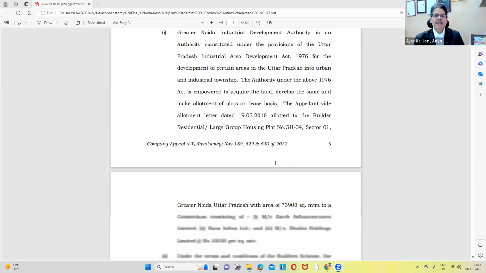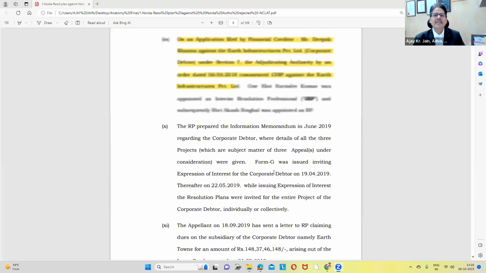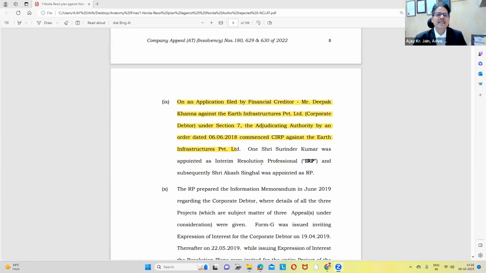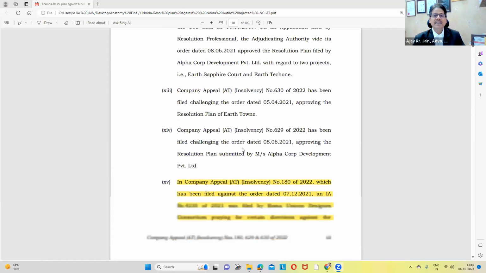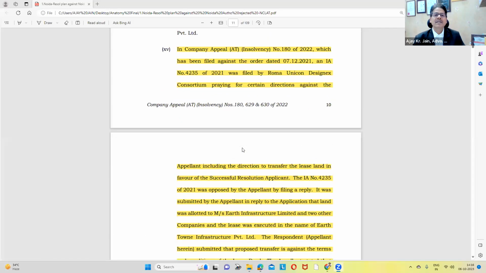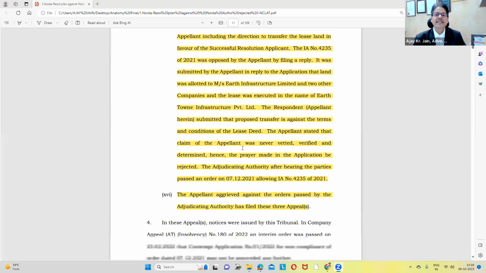Now I'll share this screen. I'm just discussing bullet points instead of covering all aspects. This was the section 7 application. Roma Unicorn was the SRA.